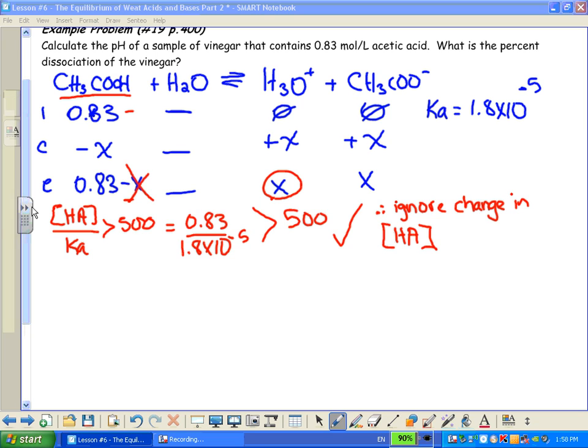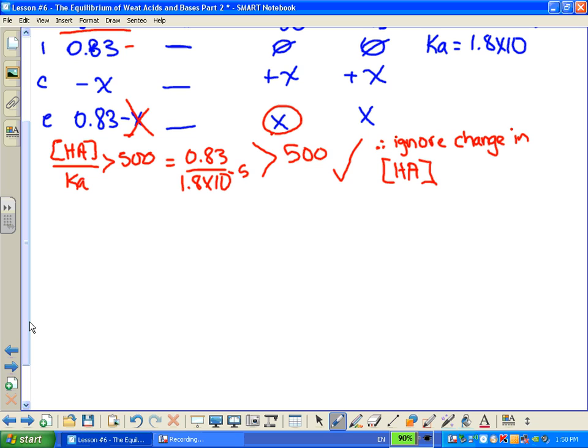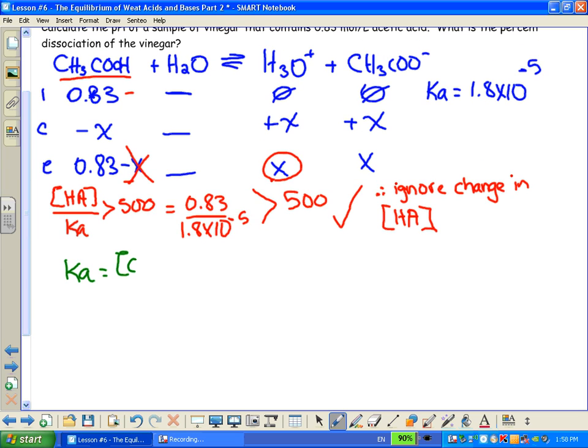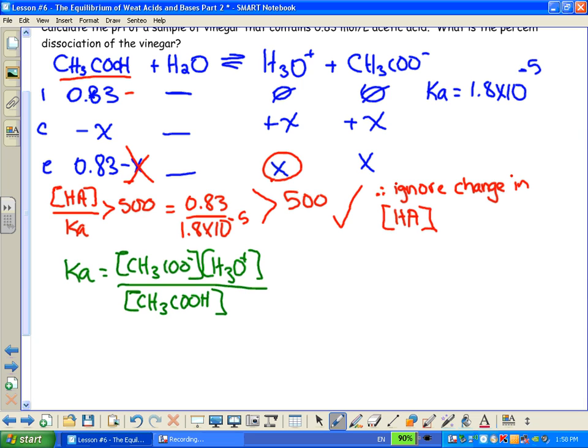Okay, so now we're going to plug it into our Ka equation. So Ka, we're going to do products over reactants. So we're going to do CH3COO... So that would be our Ka equation.